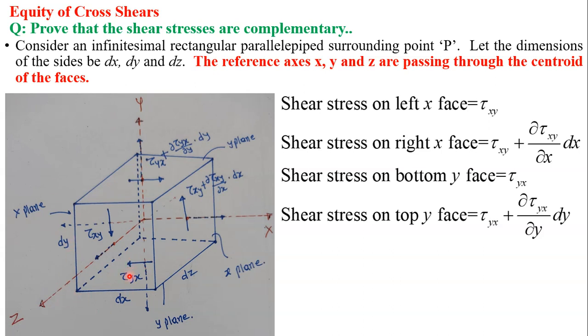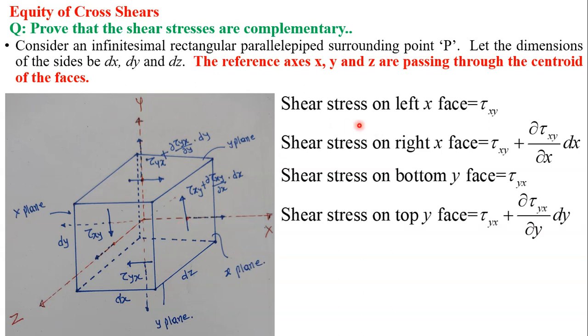The reference axes x, y and z are passing through the centroid of the faces or CG of the element. This is face, x plane, and the x axis is passing through centroid of this face. CG, this term is applicable for solids. Centroid is applicable for a plane.